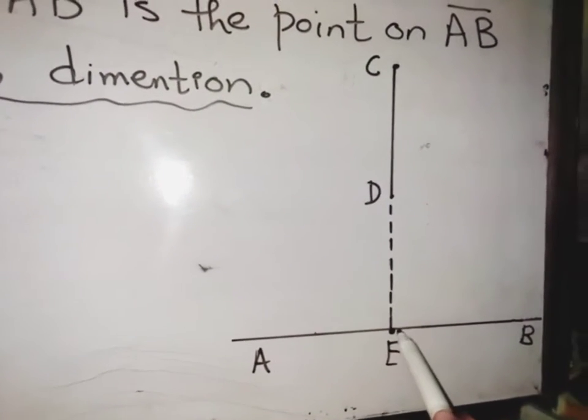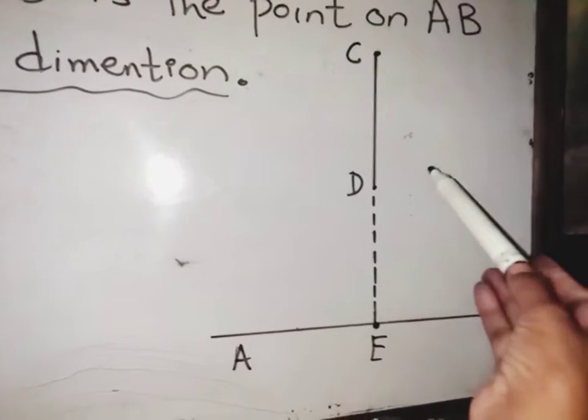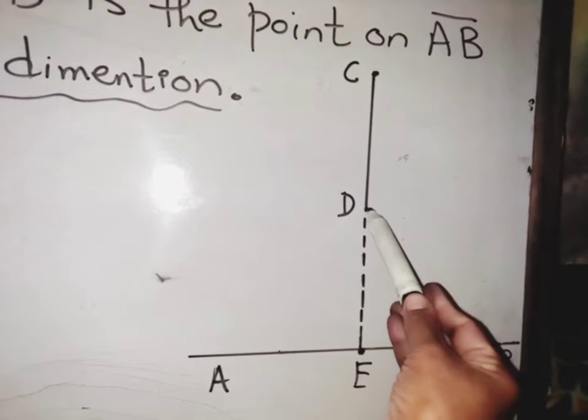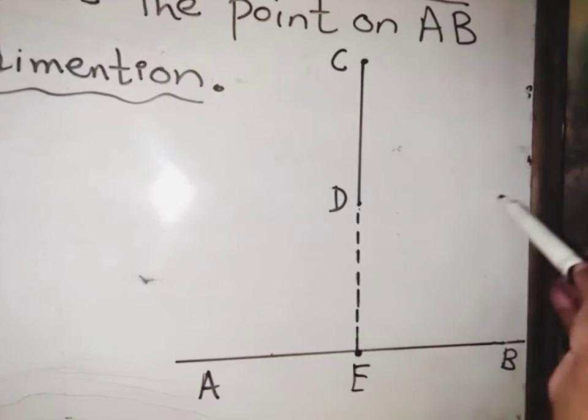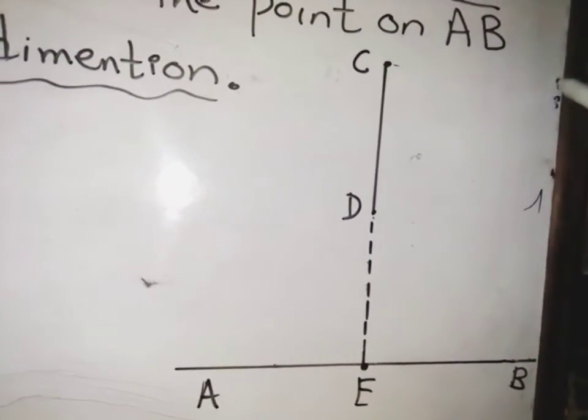It is only the point, because there is no difference between the foot of perpendicular from point D, which will be here, and the foot of perpendicular from C, which will be here.